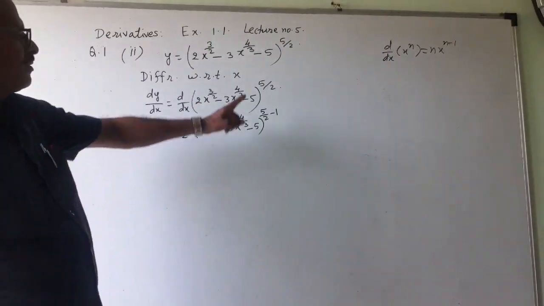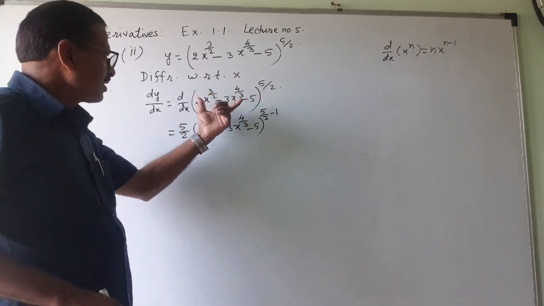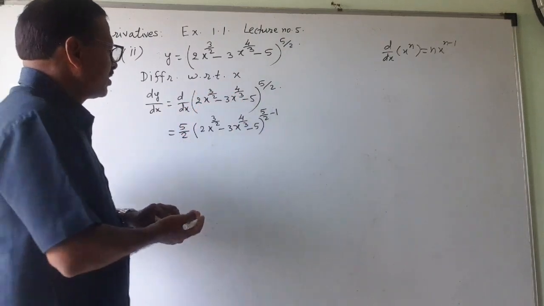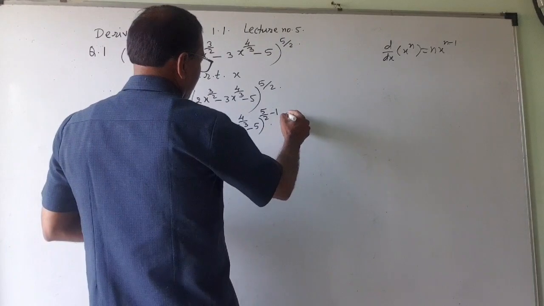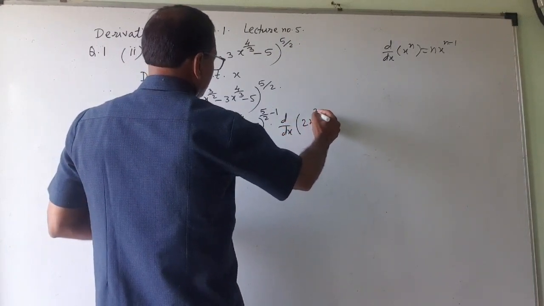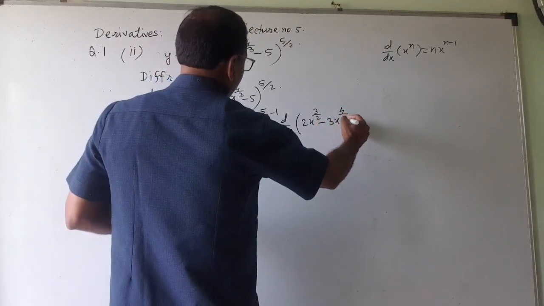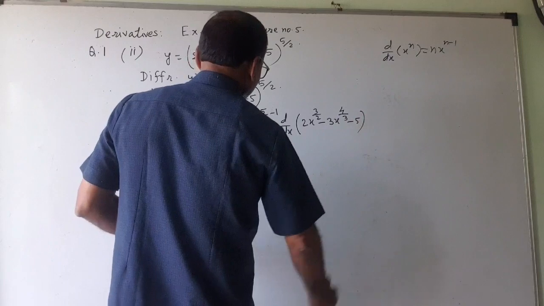Of this power, the derivative has been taken. Now I have to multiply by the derivative of this, d/dx of (2x^(3/2) - 3x^(4/3) - 5).